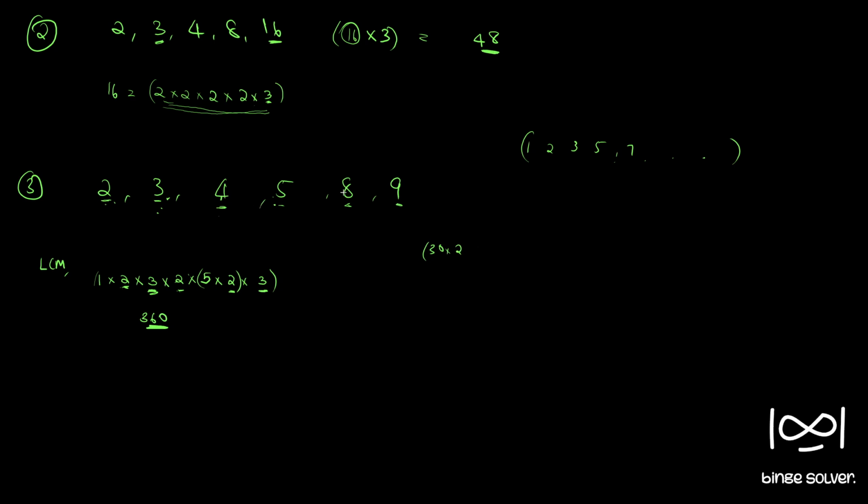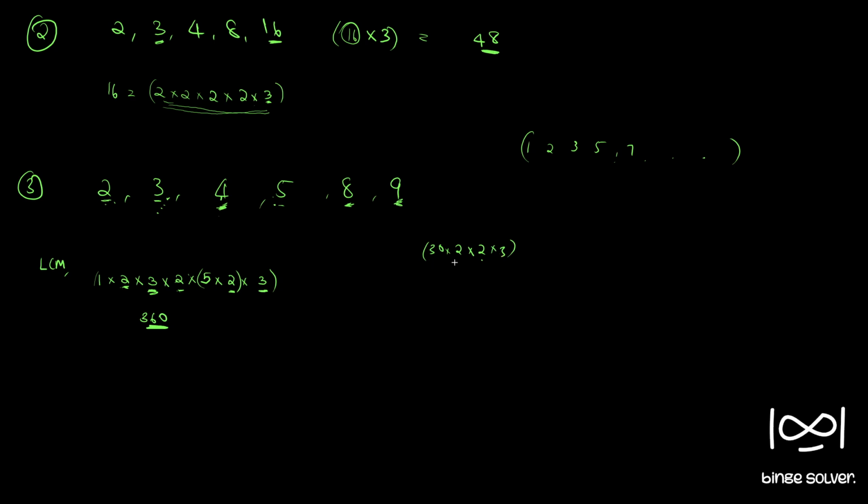Then we will see what more numbers we have. We have 8. So we already have 4 here. Since our LCM is divisible by 4, now all we need is just one more 2. So we'll just go 60 into 2 is 120. Again we see 9. If you see, there's already one 3 in this, so we just need one more 3.